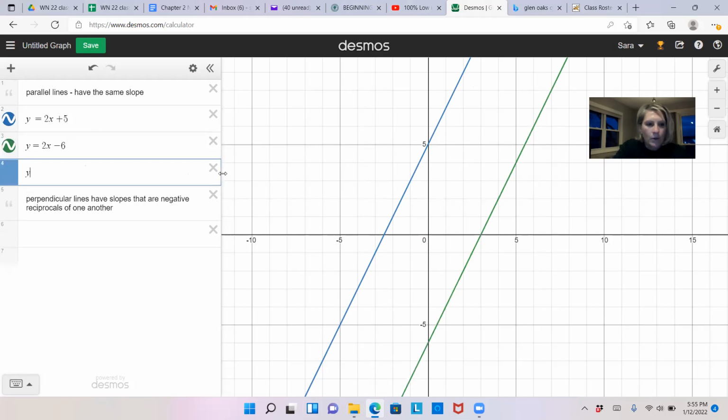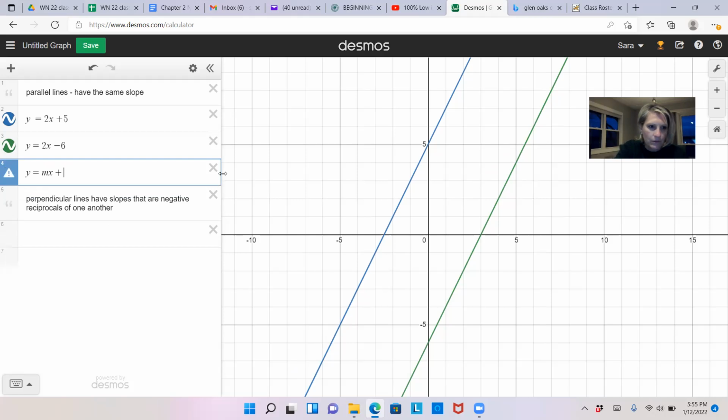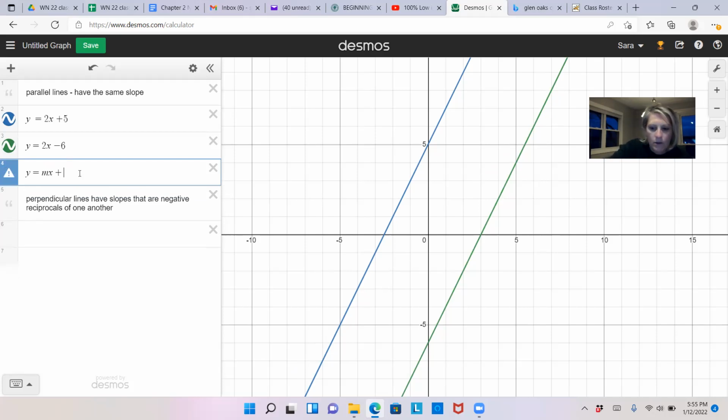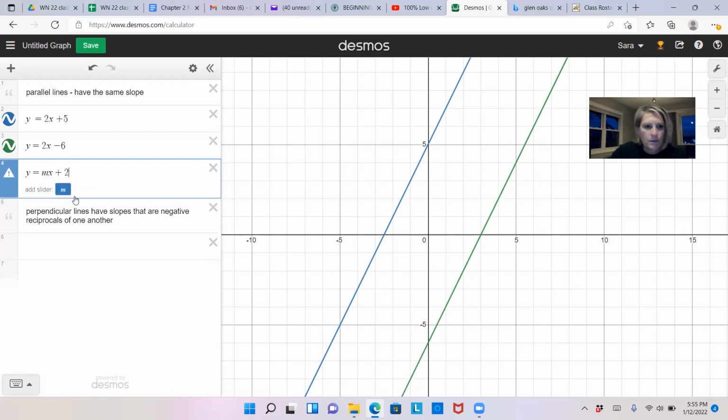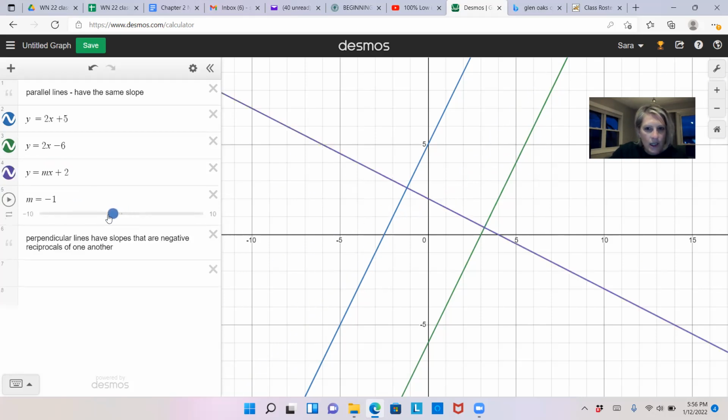Okay, so I'm going to try to create one with some sliders here. The only thing that's going to be changing is the slope. And I'm going to do it as 2. My slider m is just going to change.